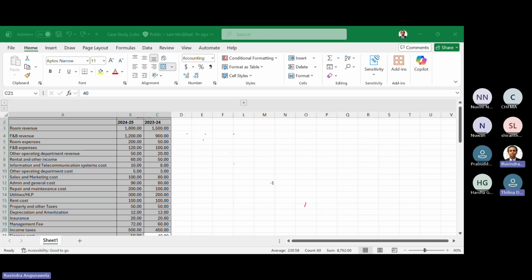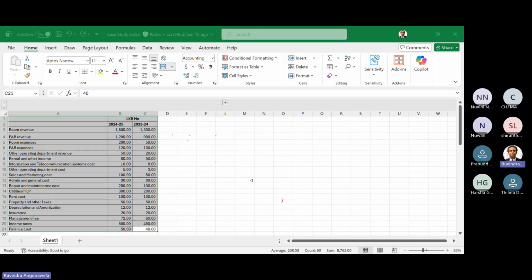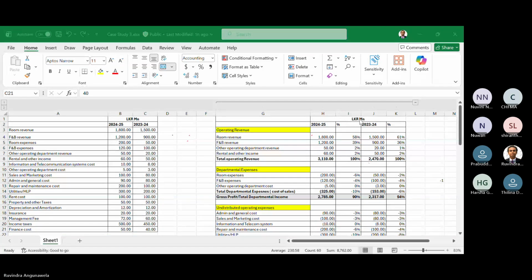Okay, so this is the information that we have got from the case study, which I shared with you a couple of minutes ago. Then we looked at room revenue and so on, the information that we have. I will give you about 5-10 minutes, just cook up a P&L and put these figures in place. And remember, this is the format that I'm looking for. So you have at the top like this, the years and the percentage.